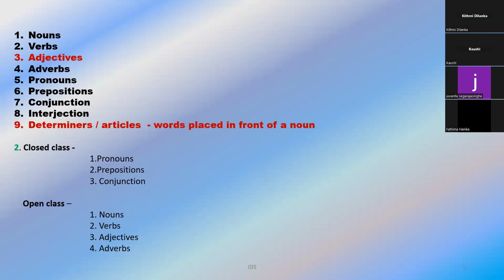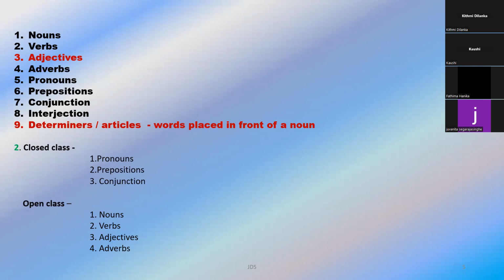Parts of speech has 8 and word class has 9, inclusive of articles. Right. The additional one is the article. So where did the articles exist during the traditional classification? Adjectives. So that is one difference.